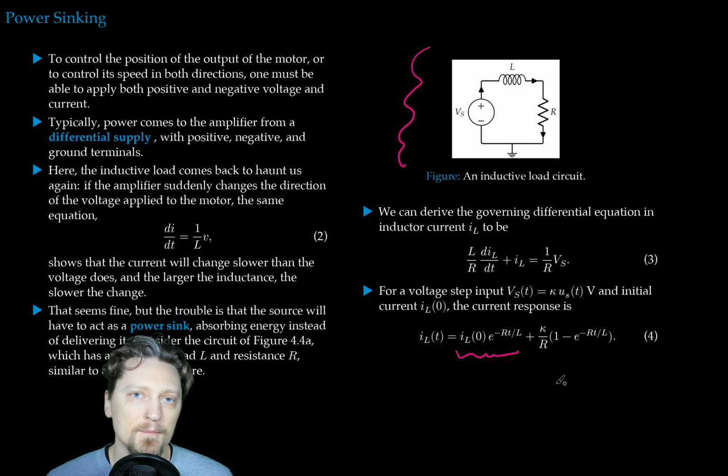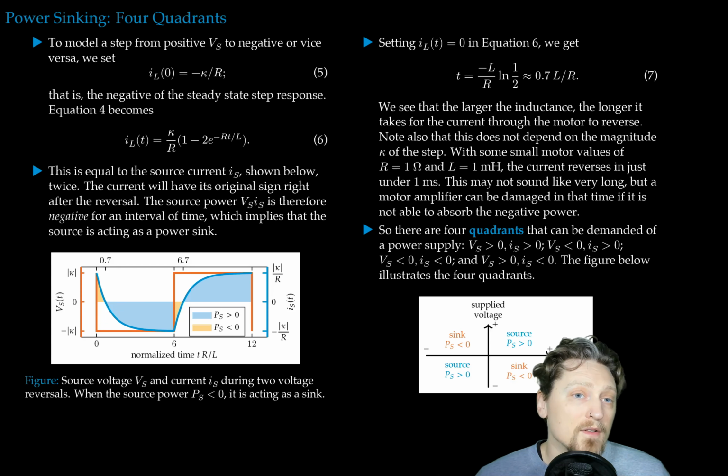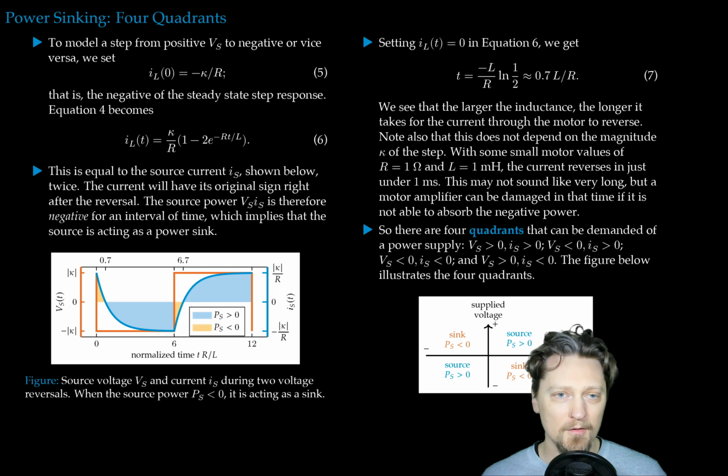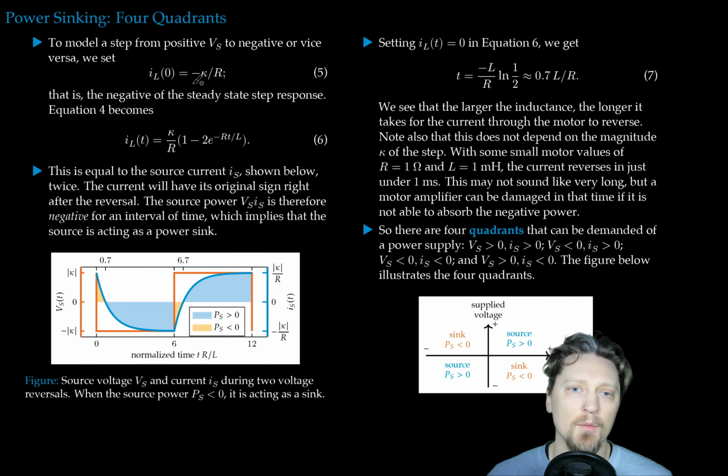The 4 quadrants. To model a step from positive Vs to negative, or vice versa, we set IL of 0 equal to negative kappa over R. That is the negative of the steady state step response.